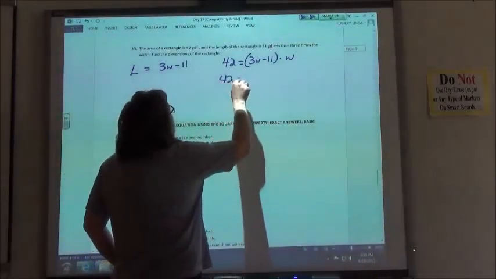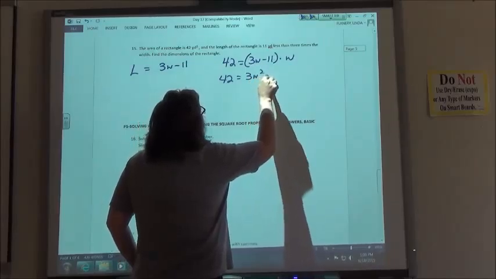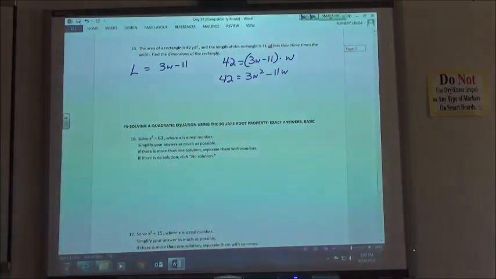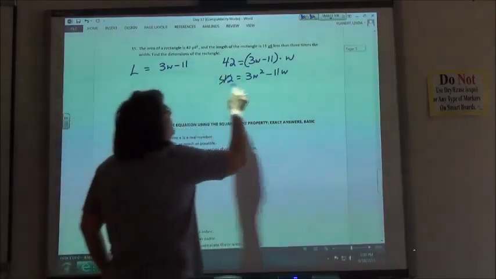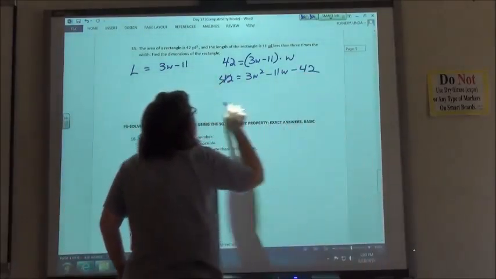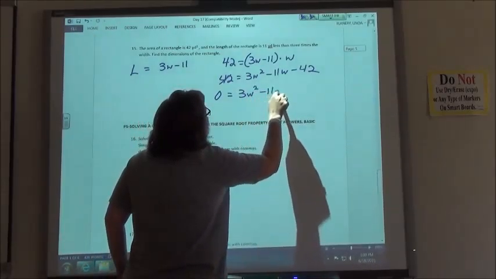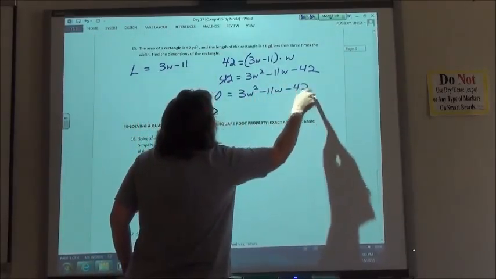So 42 will equal 3W squared minus 11W using my distributive property. And then setting that equal to 0, I have to minus my 42. So we need to factor 3W squared minus 11W minus 42.